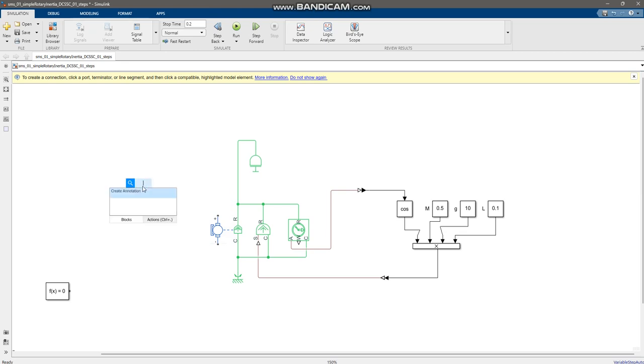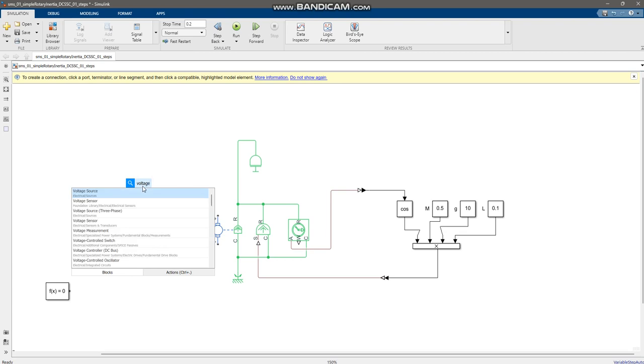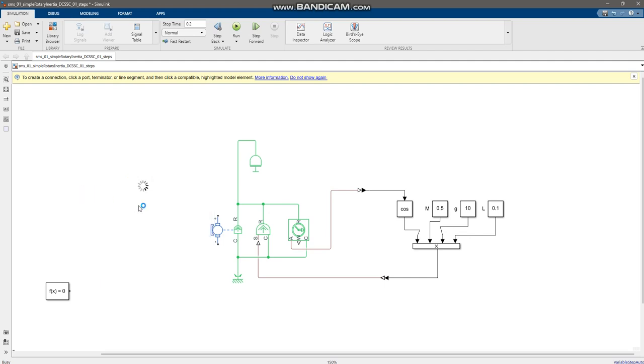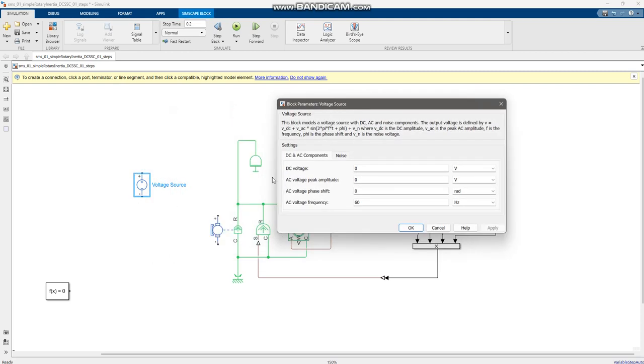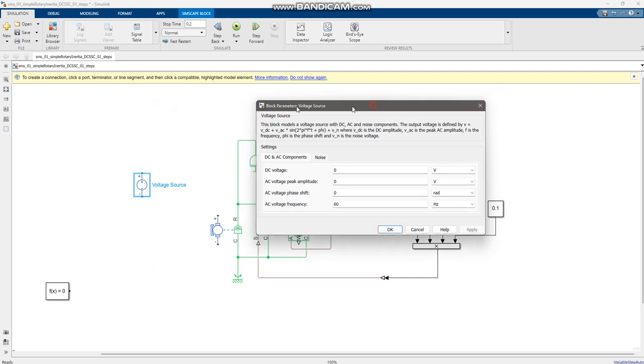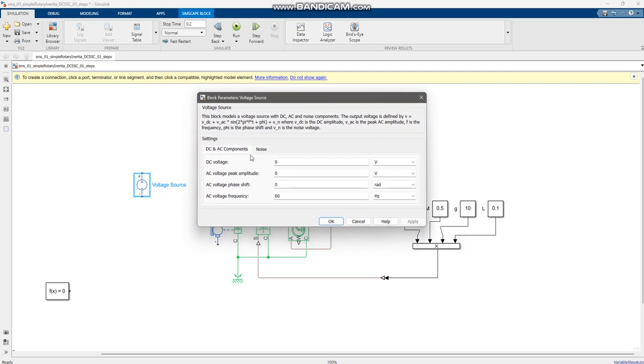The voltage can be modeled using a block called constant voltage source. So the name is just voltage, and upon double clicking it, it will bring up the dialog box for the block, and the same block can be used to impart a DC and AC voltage or a combination of those two.